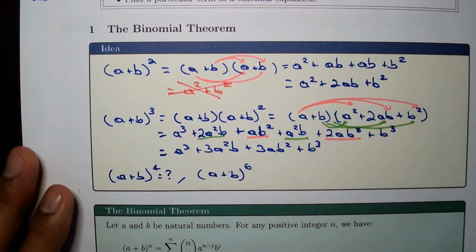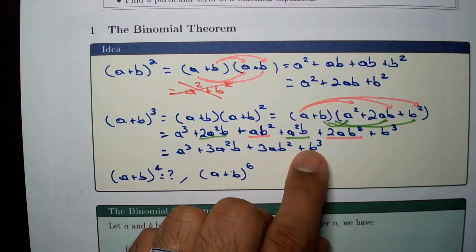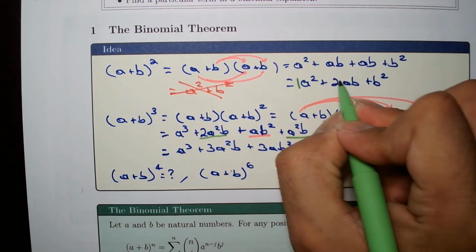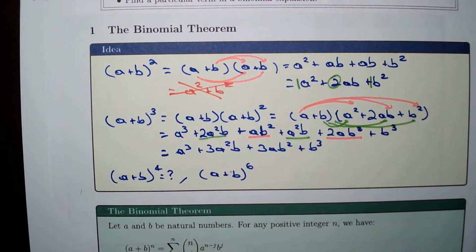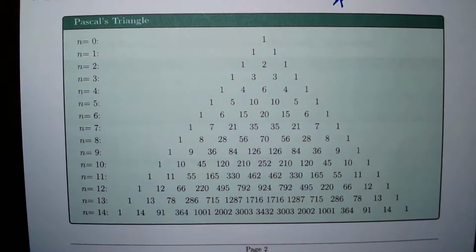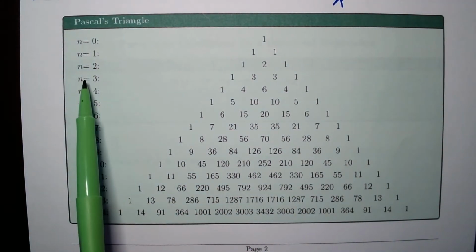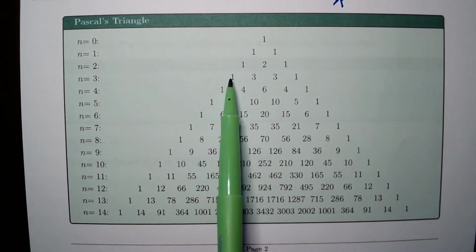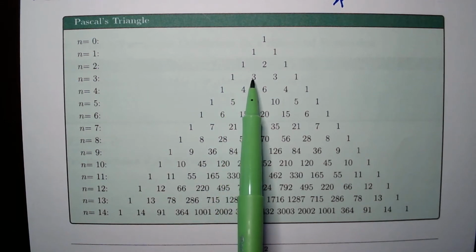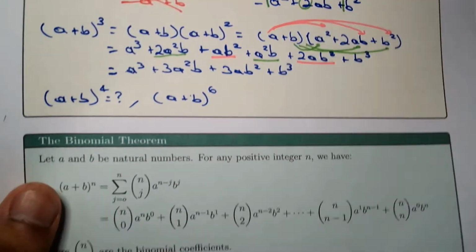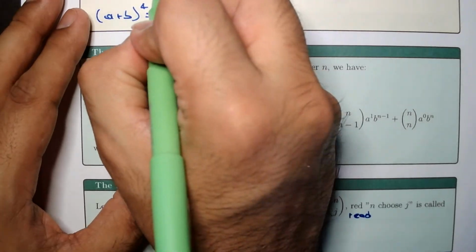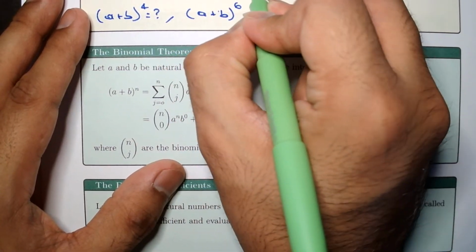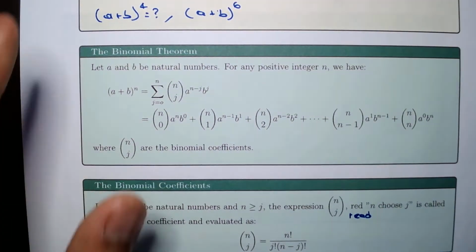So that's basically 1, 2, and 1. If we want to raise a binomial to the cube, the binomial coefficients are 1, 3, 3, 1. Isn't that what we have here? 1, 3, 3, 1.